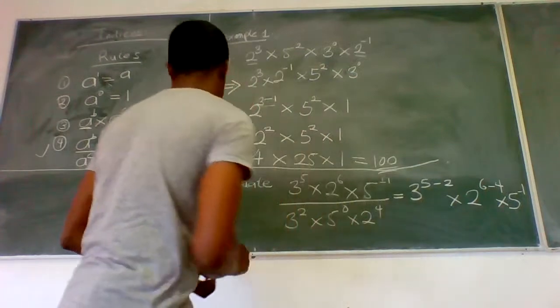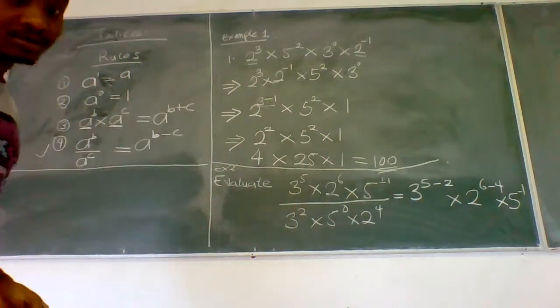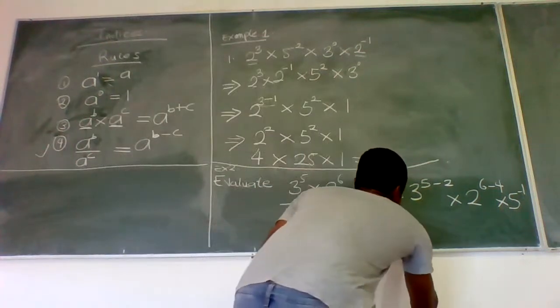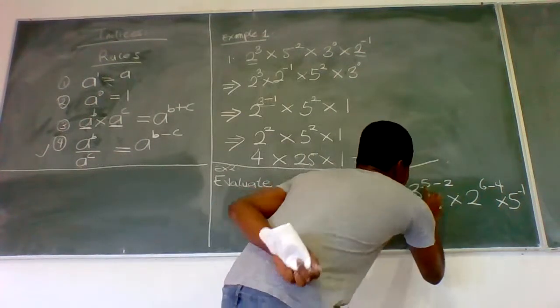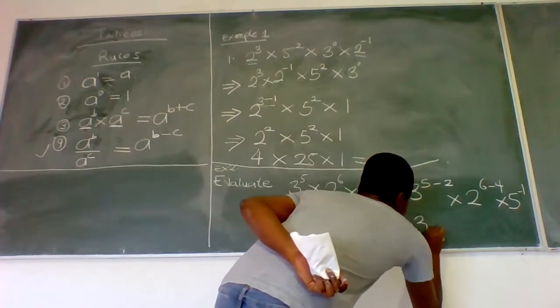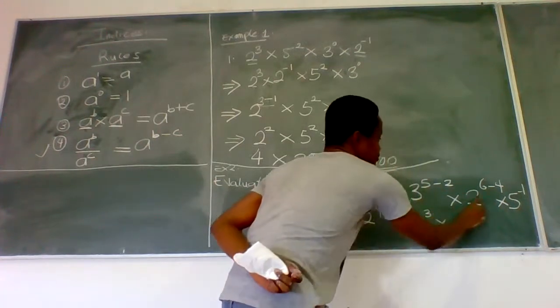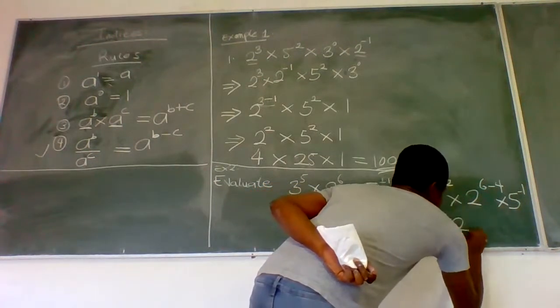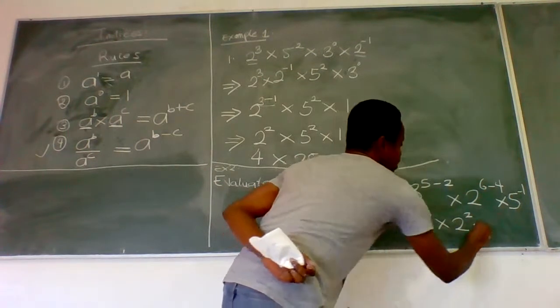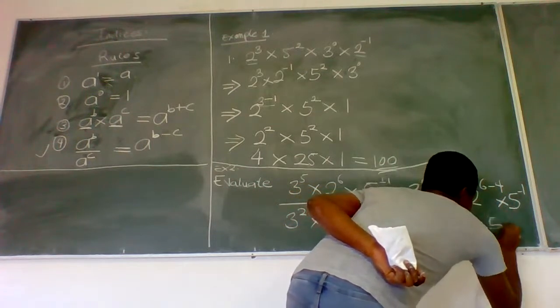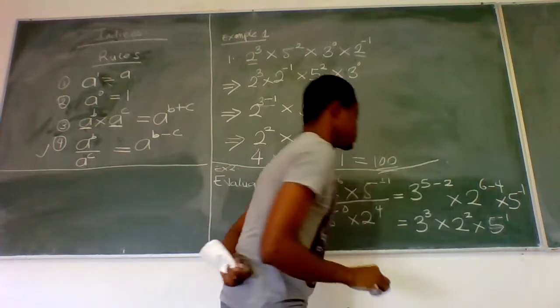So from here, let me finish this. We have 3 exponent 3 times this one, 2 exponent 2, then times 5 exponent negative 1.